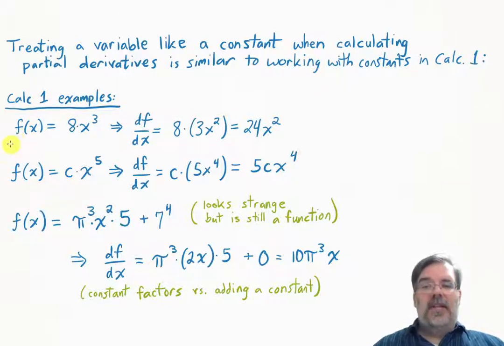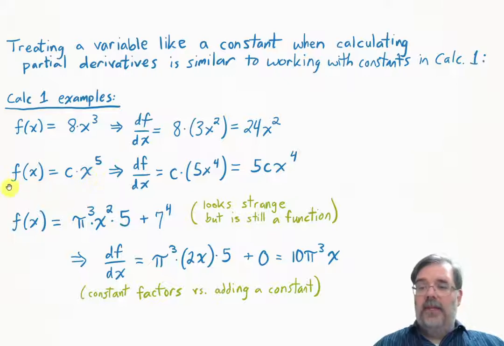So here are some examples from Calculus 1. Let's say I have the function f(x) equals 8 times x cubed. Well, the derivative of a constant times a function is equal to the constant times the derivative of that function. So the derivative is 8 times 3x squared, which is 24x squared.